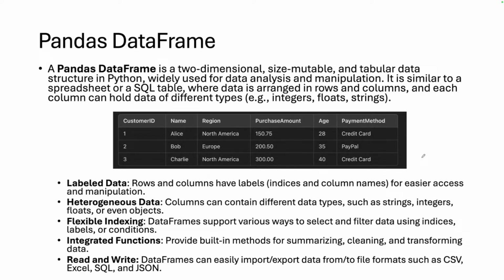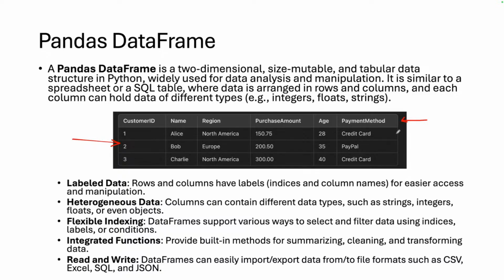What's cool about this data structure, there's a lot of advantages here. One is that our rows and columns have labels associated with that. So there's a function we can actually call to get the column names. There's a function that actually tracks the index of each of our rows here, which is substantially useful.